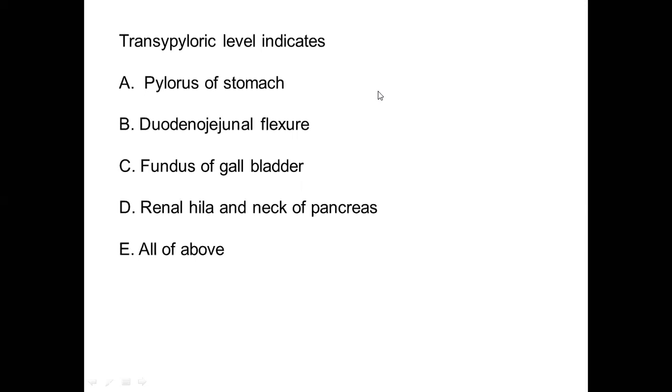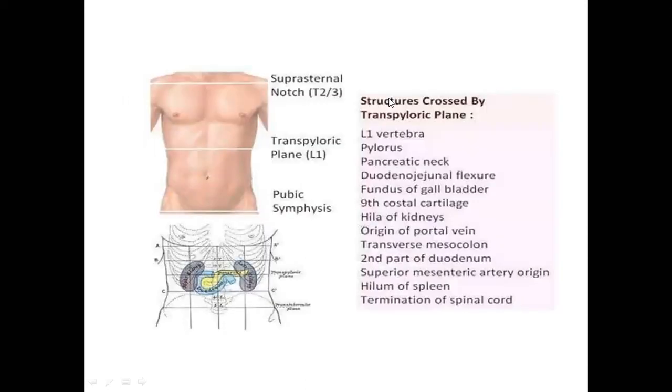Ma'am, the third part of the duodenum is located in this plane. Yes. And? Okay, can you read it out for us all? I've just taken this, ma'am.